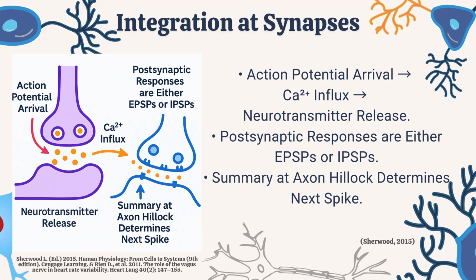Those chemicals bind to receptors on the next neuron, creating either an excitatory EPSP or an inhibitory IPSP effect. The axon hillock sums thousands of these inputs to decide if another spike fires. It's how thought and movement emerge from our microscopic yes or no signals.